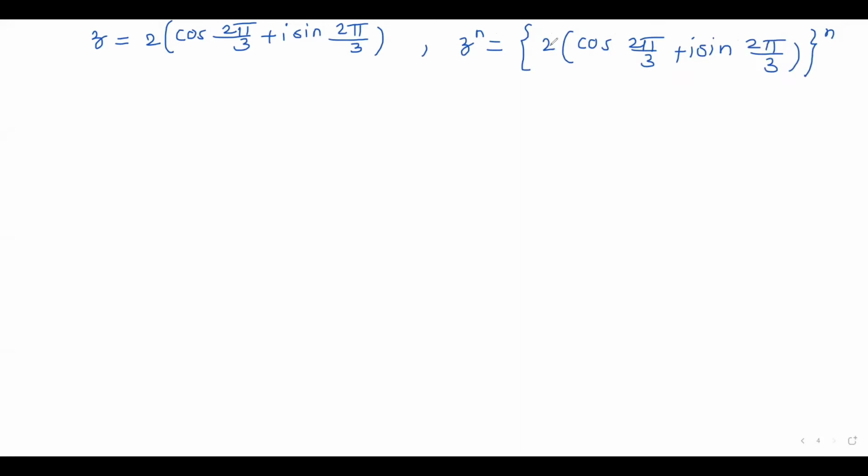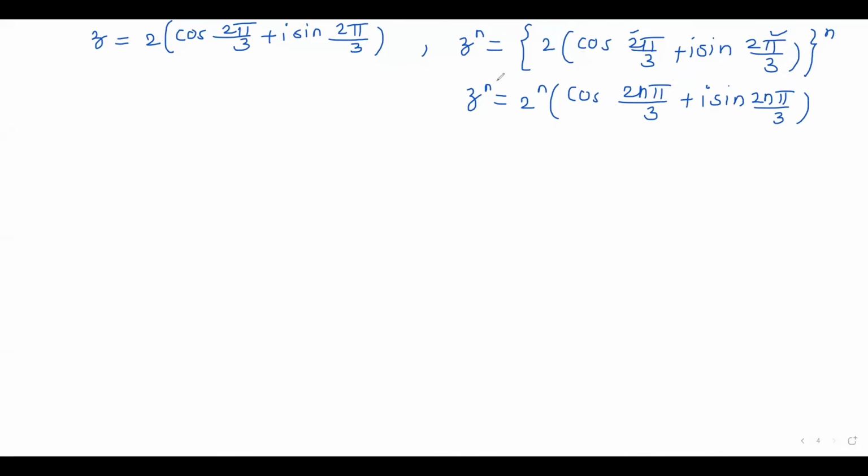So z raised to n is equal to 2 raised to n, and using De Moivre's theorem, n will be multiplied to this theta, and therefore this will become cos of 2n pi by 3 plus i into sine of 2n pi by 3. So you have z raised to n, right?